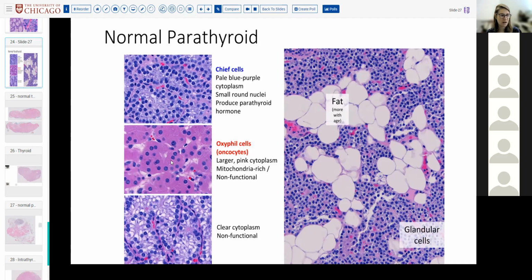The oxyphil cells are oncocytes, which have more abundant pink granular cytoplasm, and sometimes you'll see water clear cells in various proportions. In a normal parathyroid, you have about 50% fat and about 50% glandular cells. As people age, they tend to acquire a little more fat, but that's a good rule of thumb, about half and half.